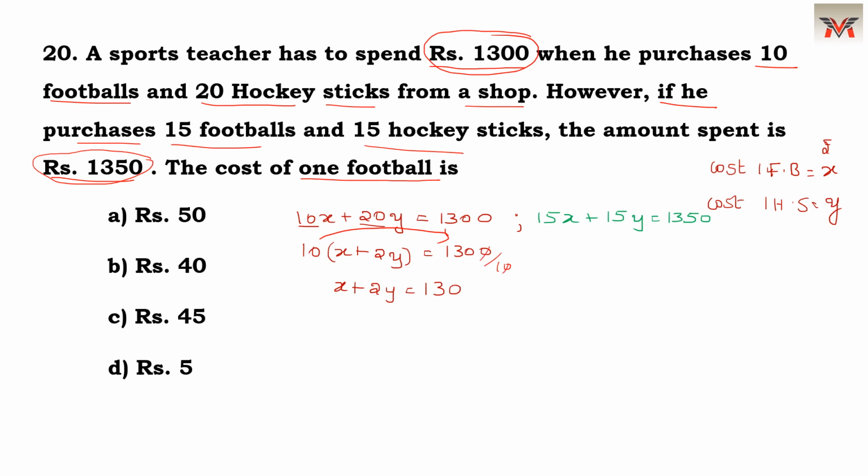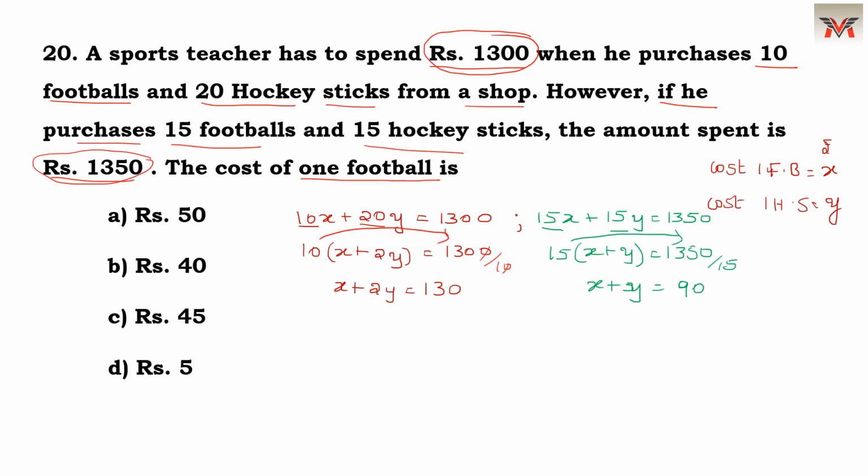Similarly, here I can take 15 common out. So if I take 15 common out, I'll have x plus y, that is equal to 1350 divided by 15, and x plus y is equal to 90, because if I move 15 to the other side, it becomes divided by 15.